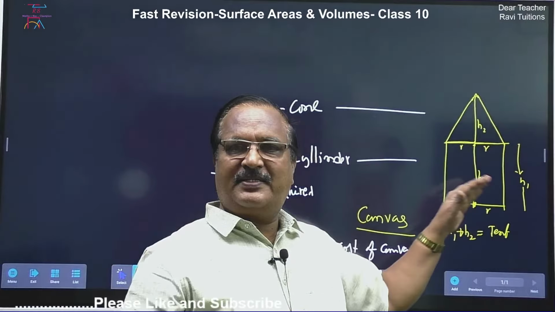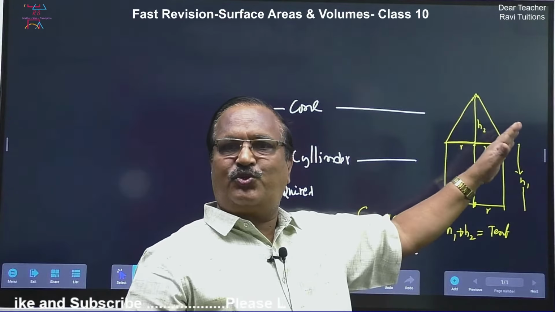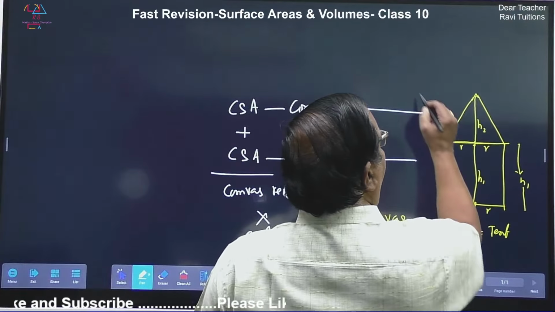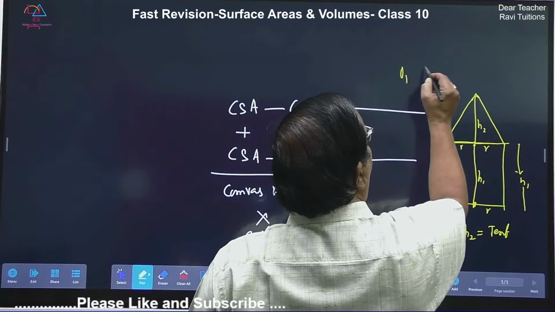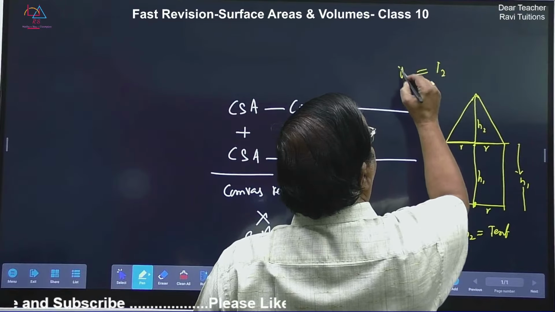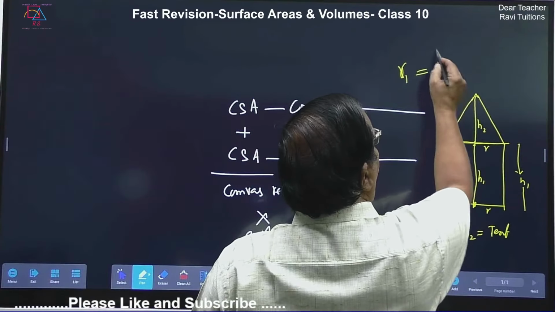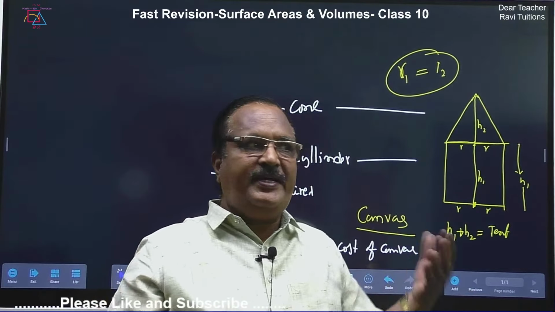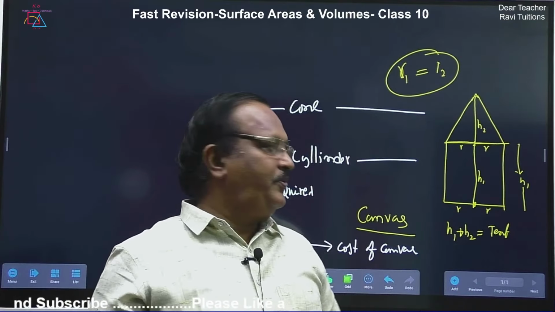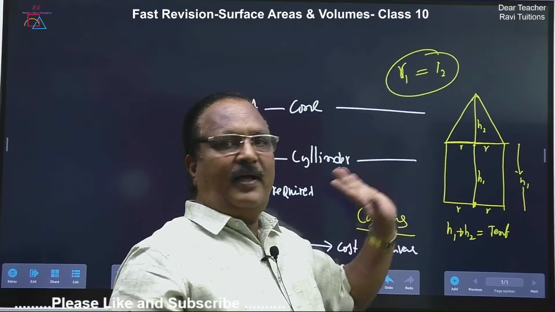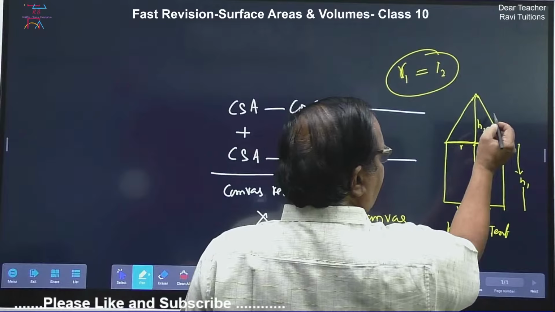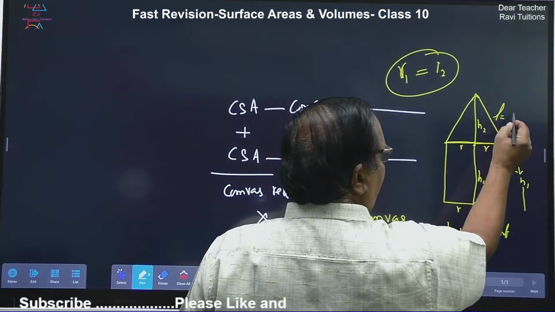H1 is the cylinder height, H2 is the conical height. Then the radius, let us say R1 and R2. R1 and R2 are the same because both cylinder and cone have the same radius. There is no need for R1 and R2. You can directly write R. Then what is left? Only the slant height is left. How much is the slant height?